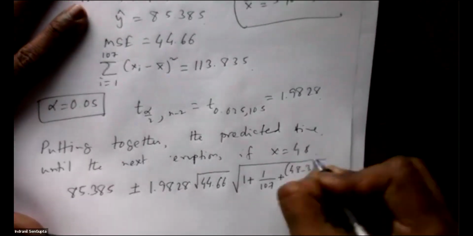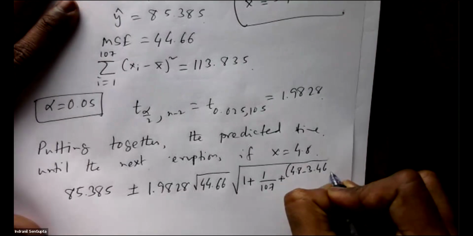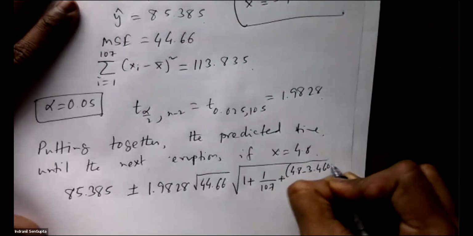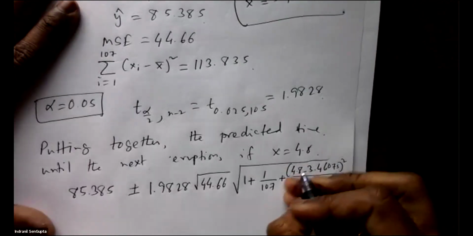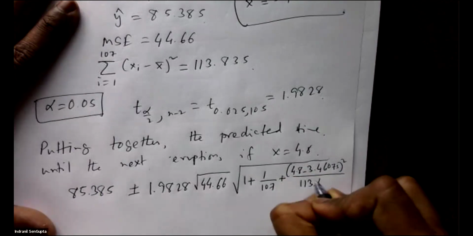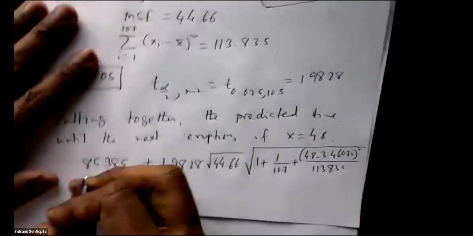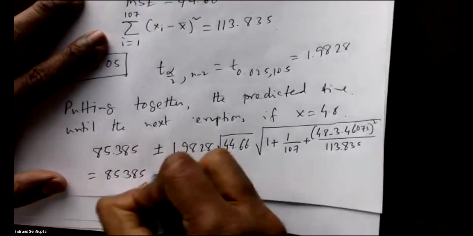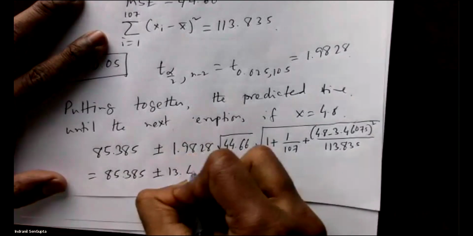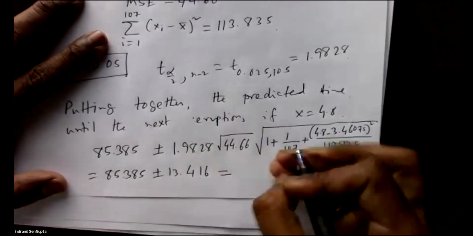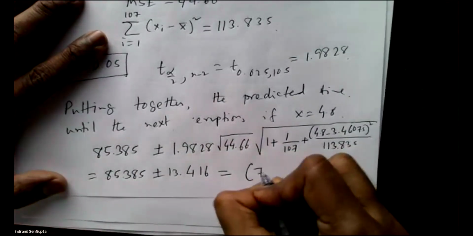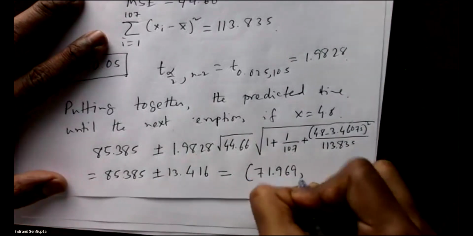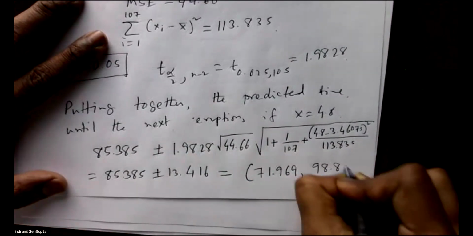Okay. If you compute this, it's going to be 85.385 plus or minus 13.416, which is the same as the interval 71.969 to 98.801. Okay.